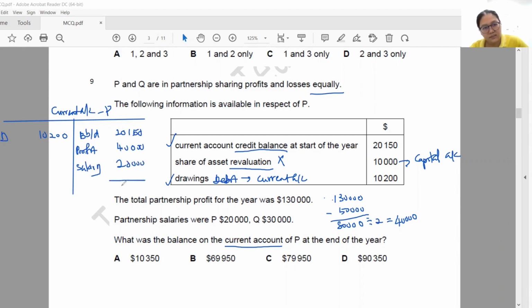So the total in the credit is 80,150. So how much is the balance carried down? The balance carried down will be 80,150 minus 10,200, which gives us 69,950. So the answer will be B.